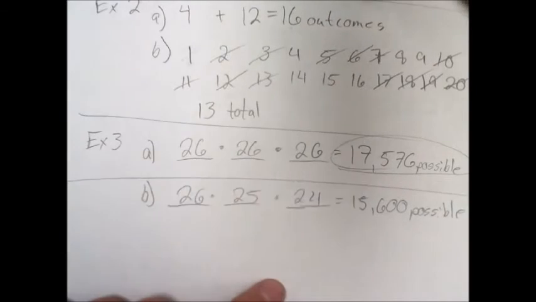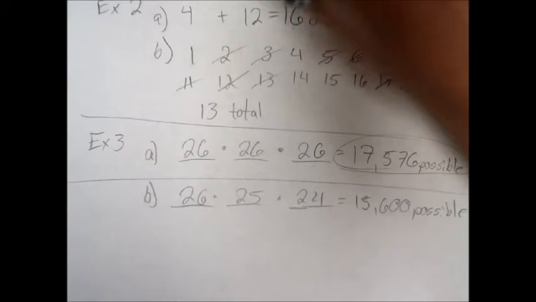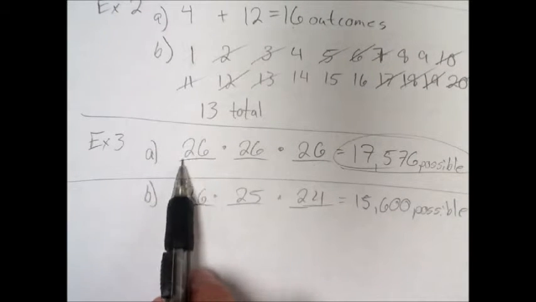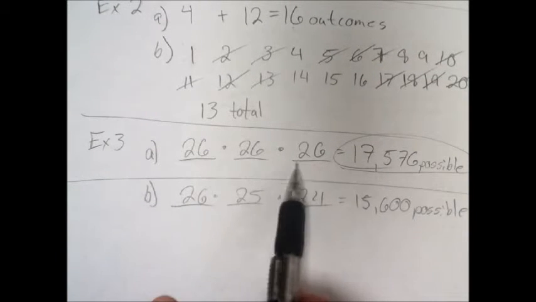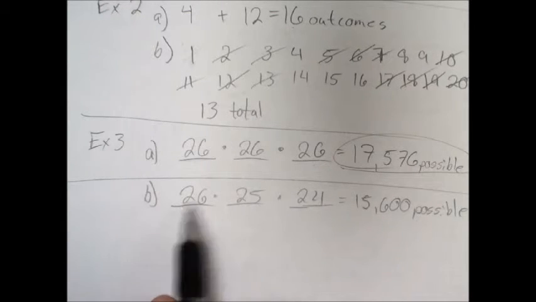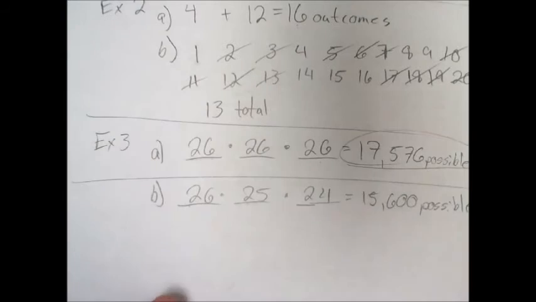There you go. All right, now let's talk about the difference between two things. We have two events that are independent if the probability of one does not affect the other. So see how this one did not affect the rest of them? Part A did not affect. On part B, however, it did affect. If we're looking at dependent, the probability of one event affects the probability of the second event.